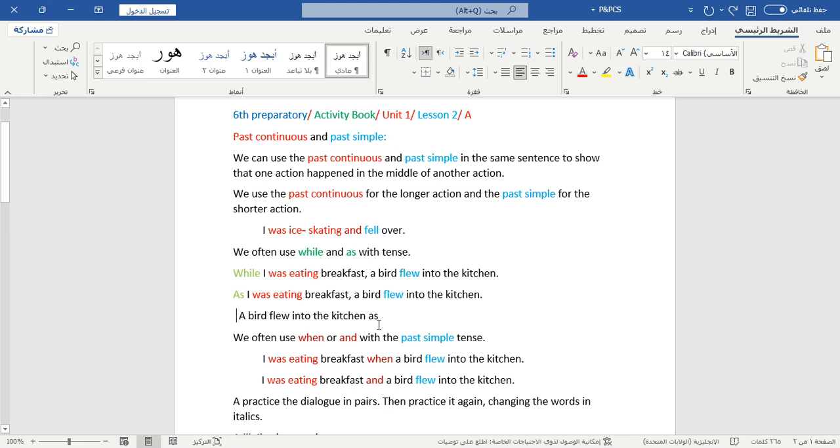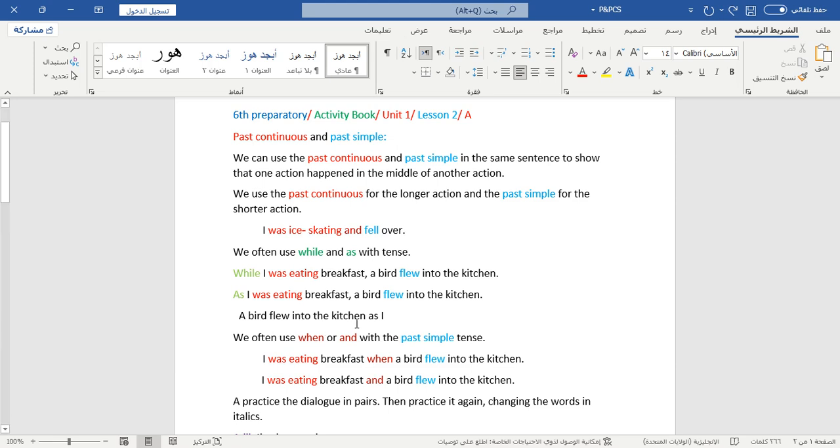A bird flew into the kitchen as I. I is a capital letter in all parts of the sentence. If it comes in the beginning, in the middle, or in the end, I is always written with a capital letter.